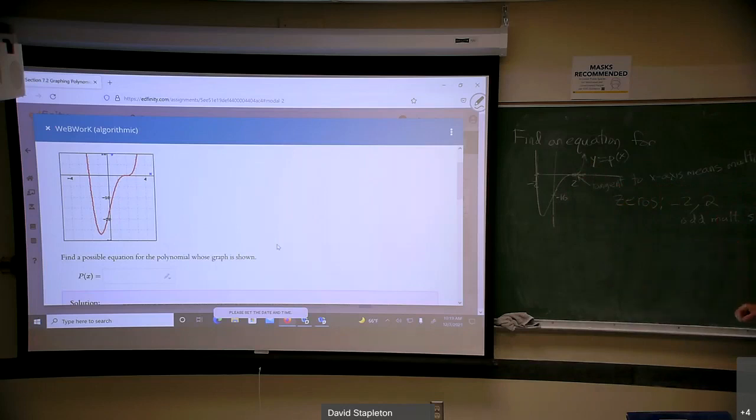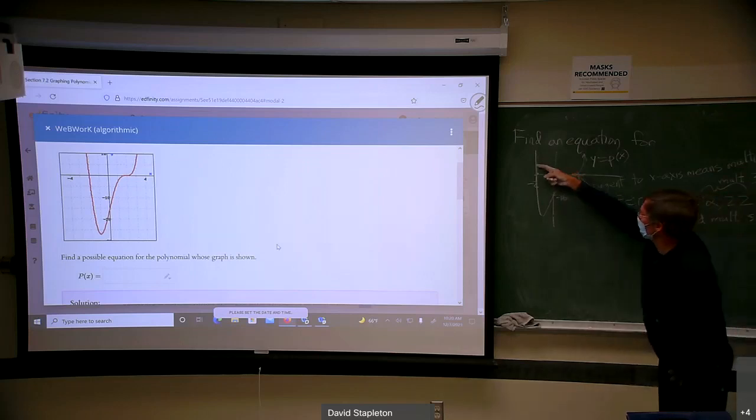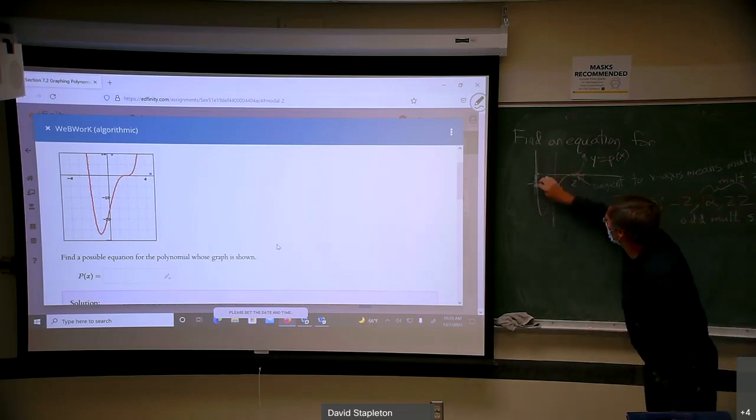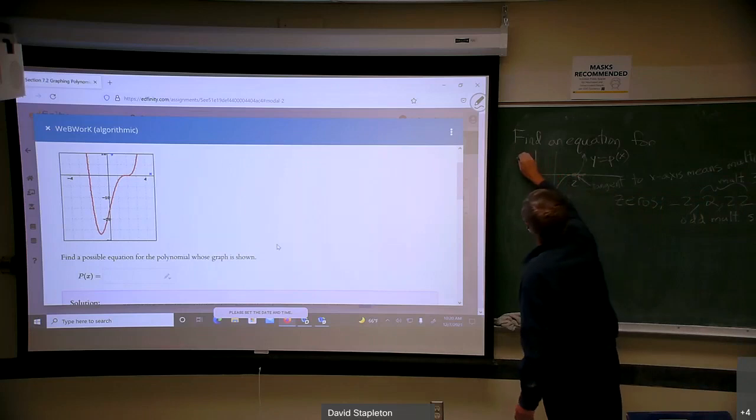So I'm going to guess that it actually has multiplicity 3. Could be another odd power higher, but I'm going to guess that one. And this is sort of a guessing game here because you just got a rough graph, right? But this one is multiplicity 1 because it crosses at an angle, not tangent to the x-axis.